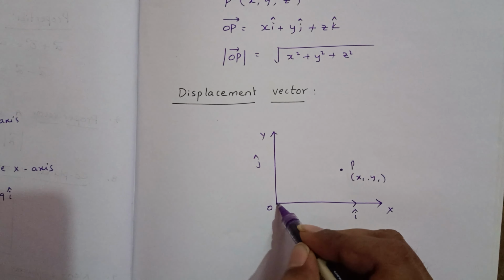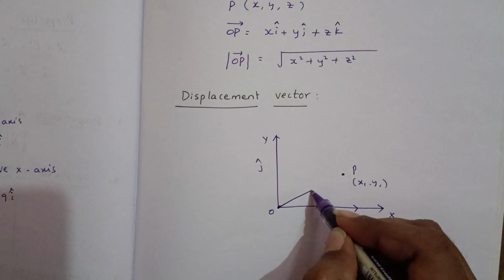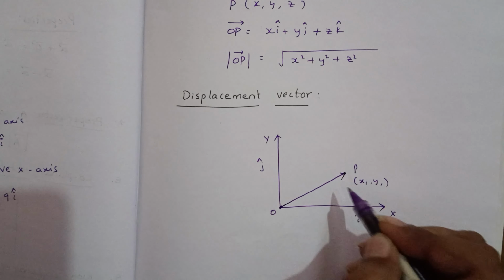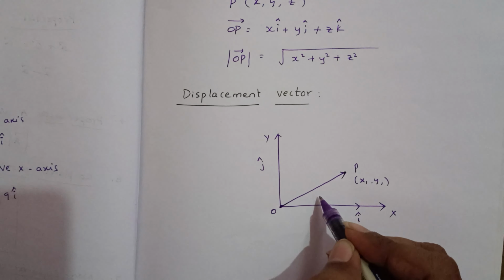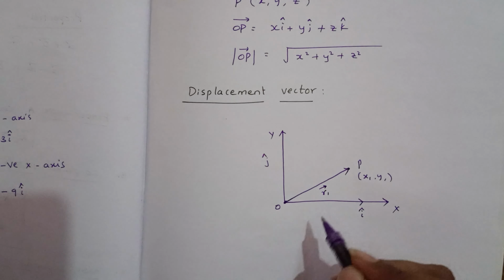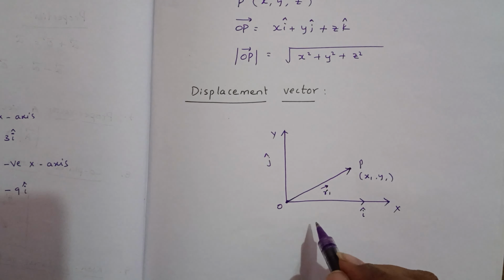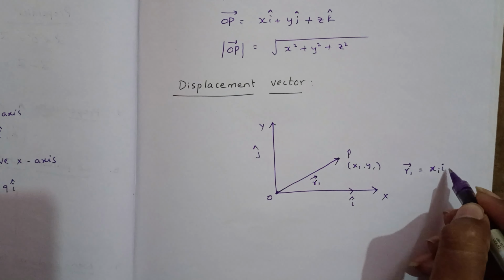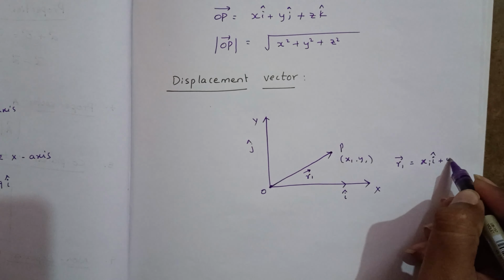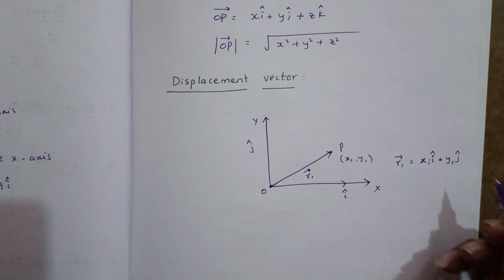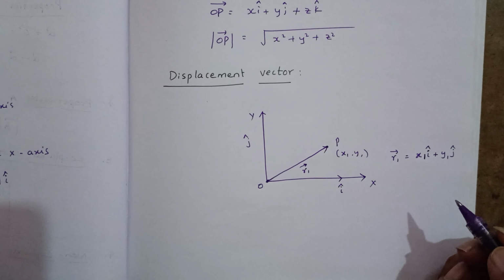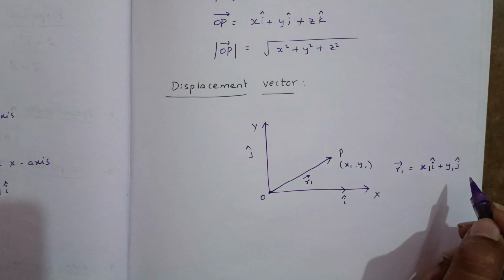With reference to the origin its position vector is r1 bar, so r1 bar equals x1 i cap plus y1 j cap.